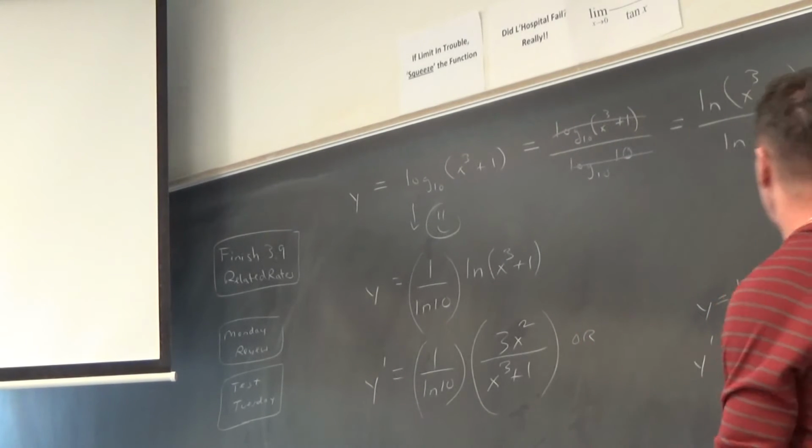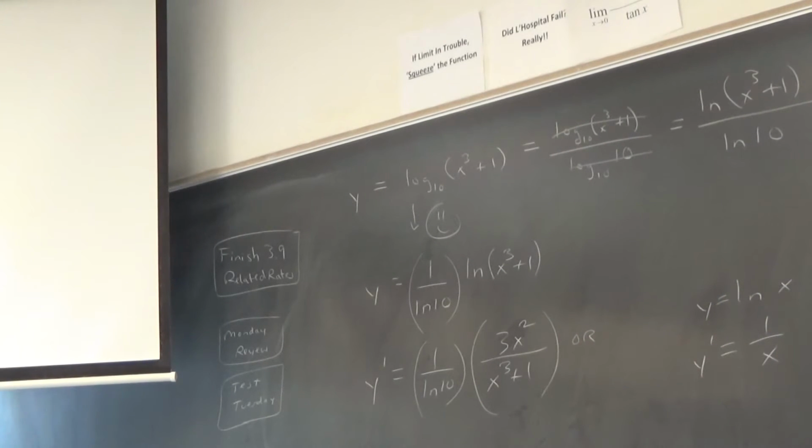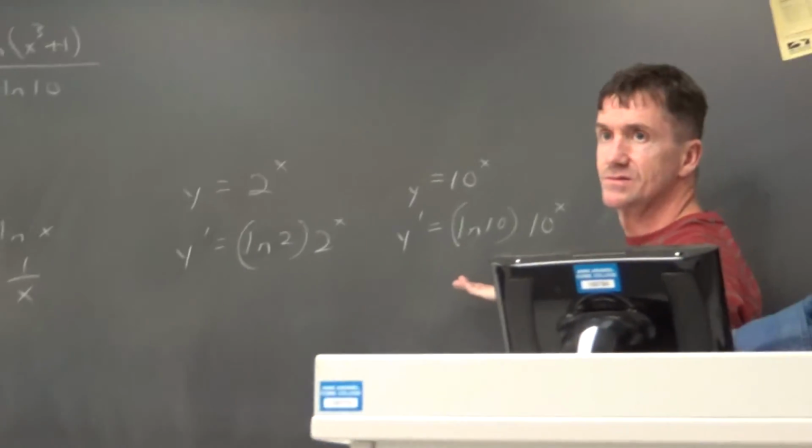Wasn't it similar to this, everyone? We rarely got this guy. And we said the derivative was 2 to the x times the natural log of 2. Or here's another one: 10 to the x. We rarely get these. What is the derivative? Natural log of 10 times 10 to the x.